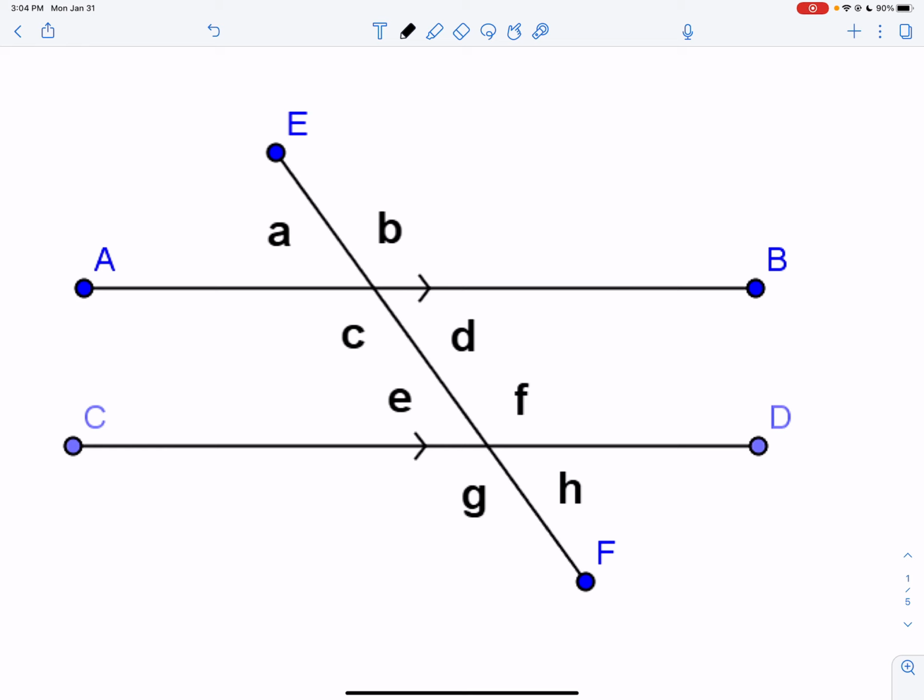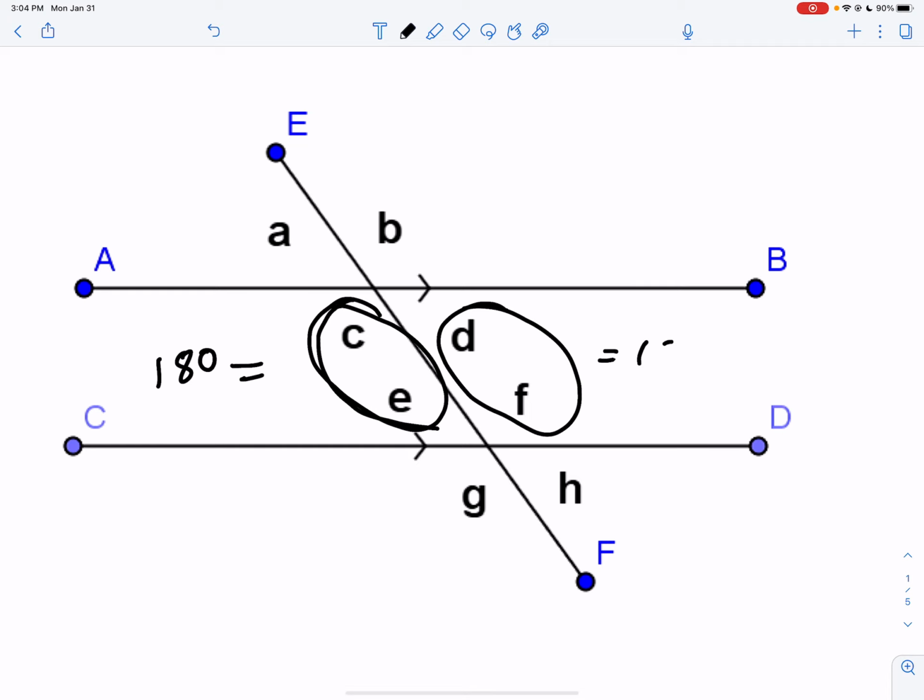Euclid already went and did that for us. But the thing about same side interior angles is that these two right here add up to be 180. And then these two right here add up to be 180. And the ones I'm about to highlight in orange add up to be 180.